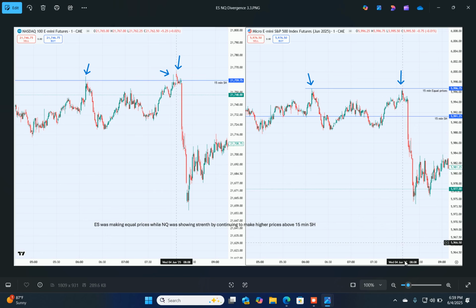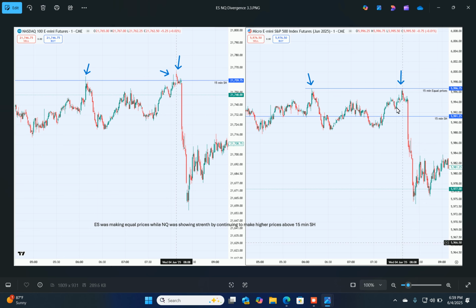At 8:08, the ES didn't want to make higher prices. So the ES was making equal prices while NQ was showing strength by continuing to make higher prices above the 15-minute swing high. So this was the divergence right here.